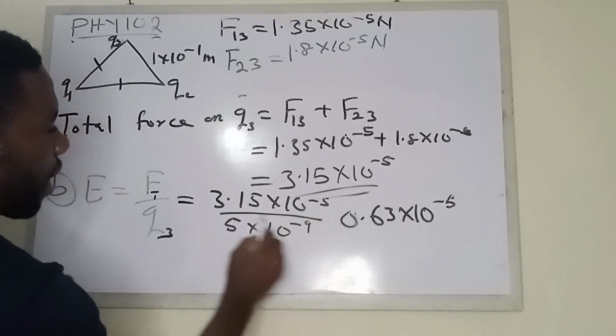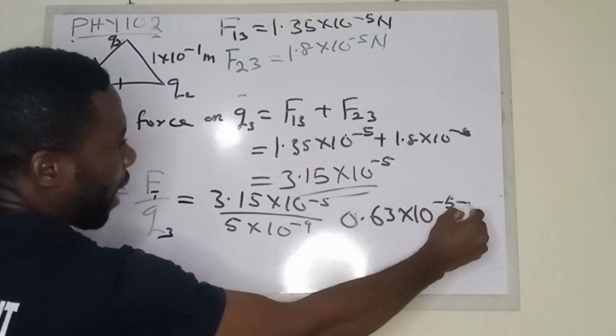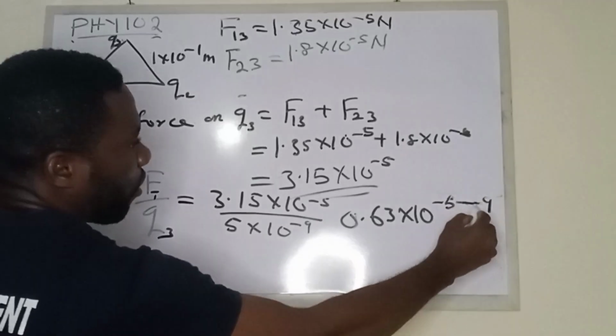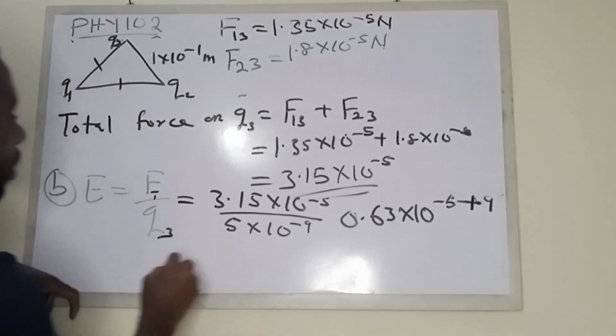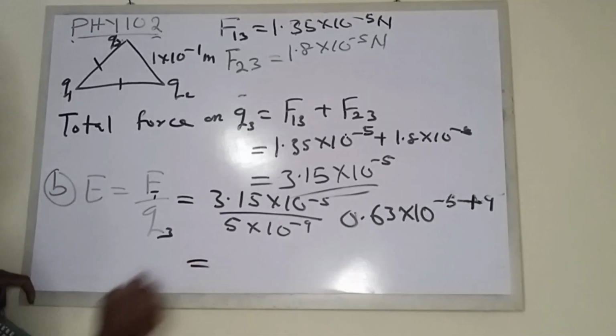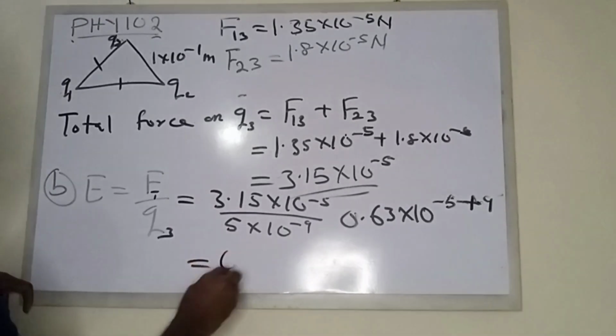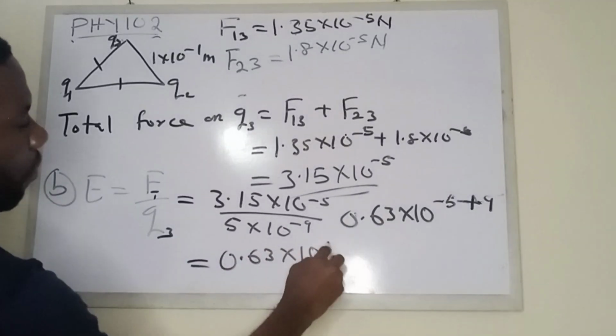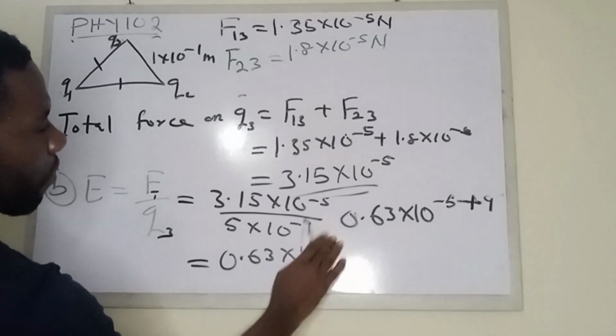Then this division brought about a minus, then we have minus 9. Minus times minus will give us plus. So our final answer here becomes 0.63 times 10 raised to the power of plus 4.